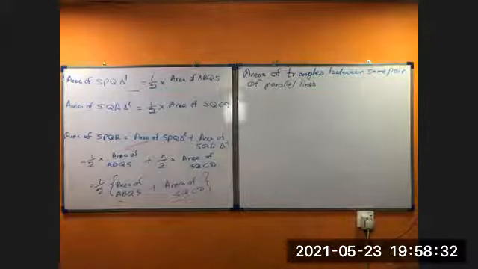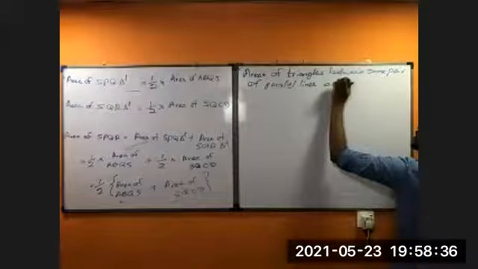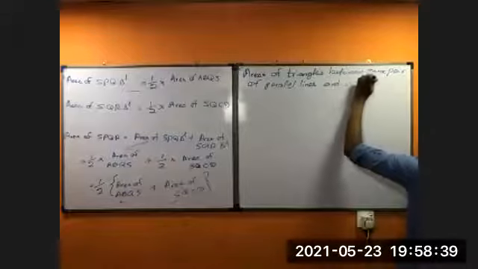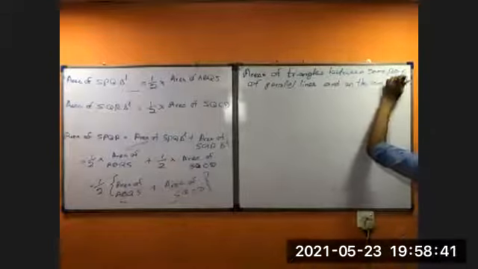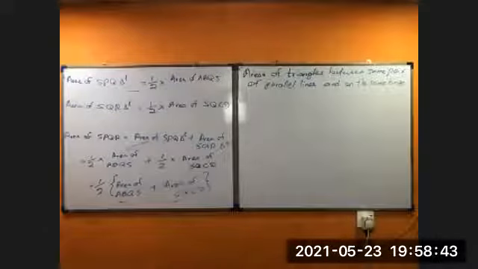Oh, I forgot, and on the same base. So areas of triangles between the same pair of parallel lines and on the same base.